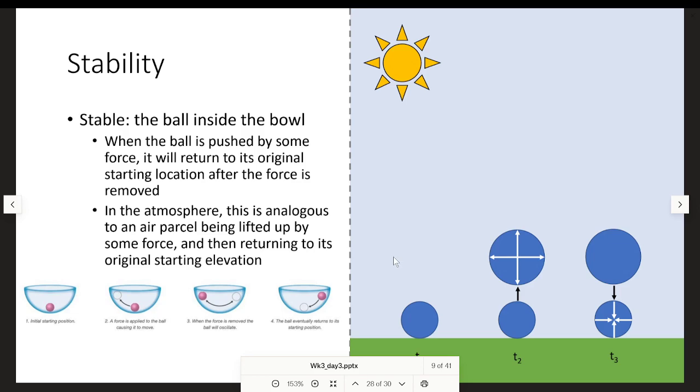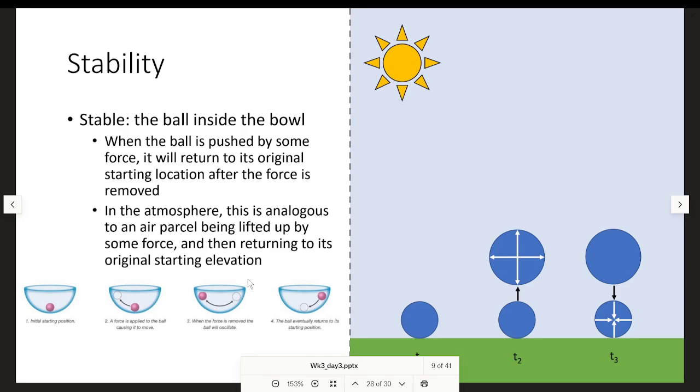Think about it. Stable: the ball is inside the bowl. When the ball is pushed by some force, it will return to its original starting location after the force is removed. In the atmosphere, this is analogous to an air parcel being lifted up by some force and then returning to its original starting elevation.